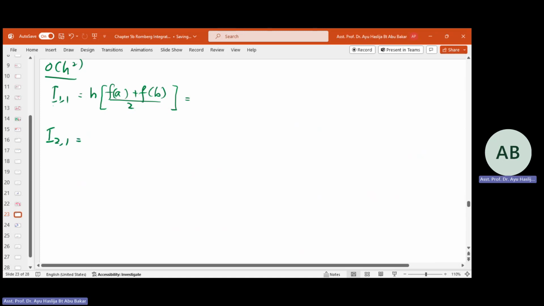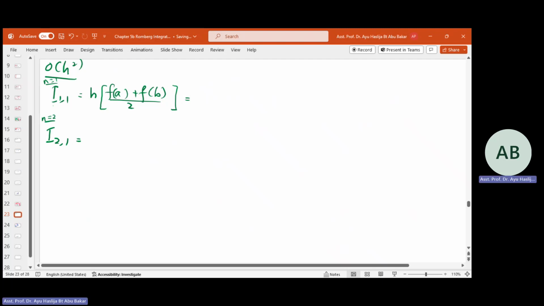I21 involve multiple segments. It involves M1. I11 is n equals to 1. Okay, I21 when n equals to 2. 2 segments. So you have 3 points.